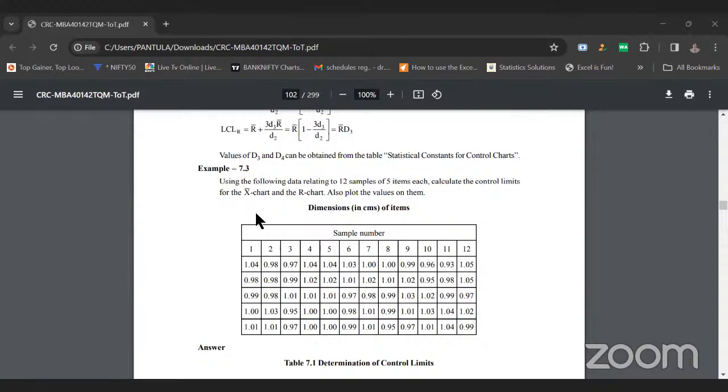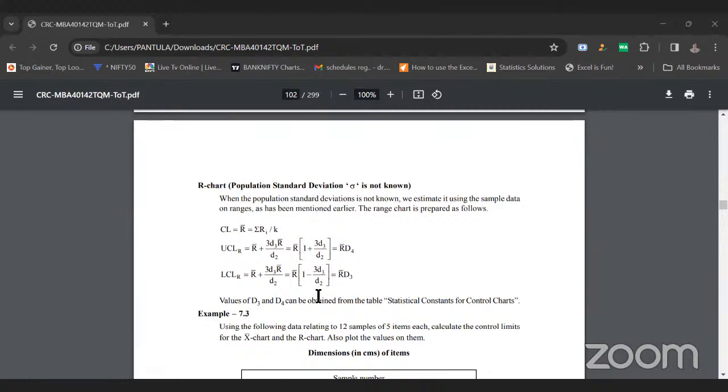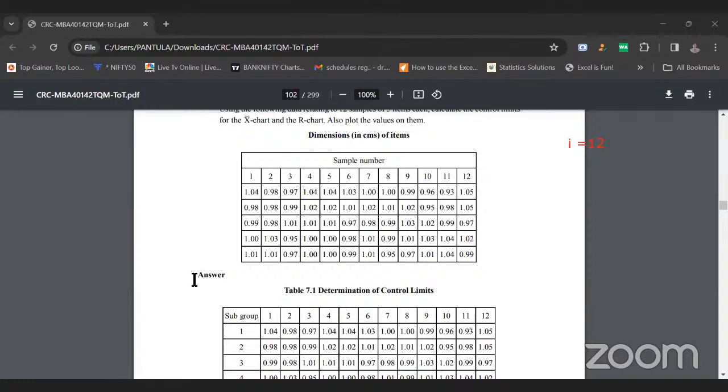Here the value of i is equal to 12, as you can see on the right side, and this is the data given.